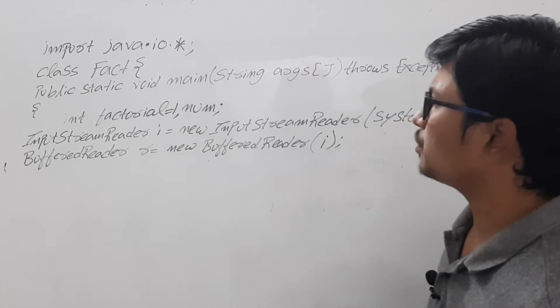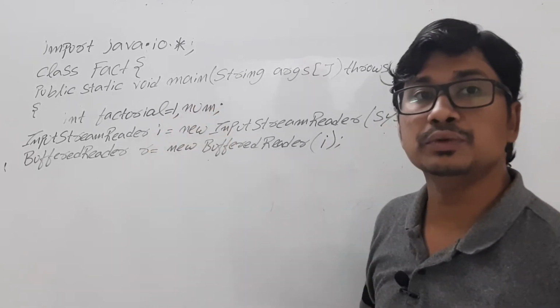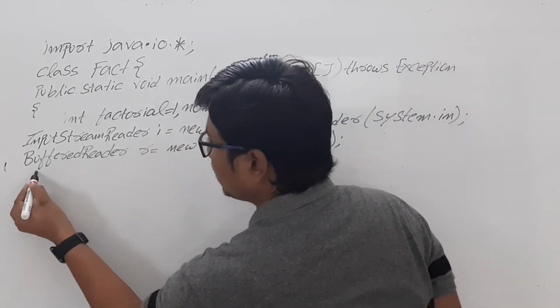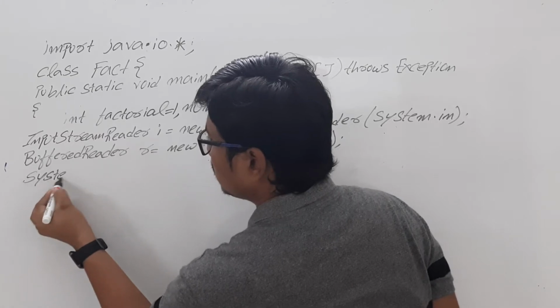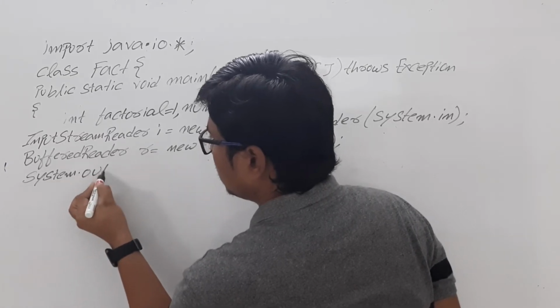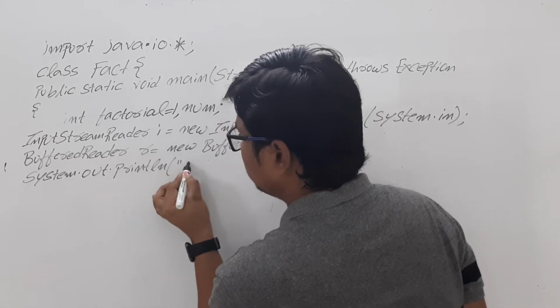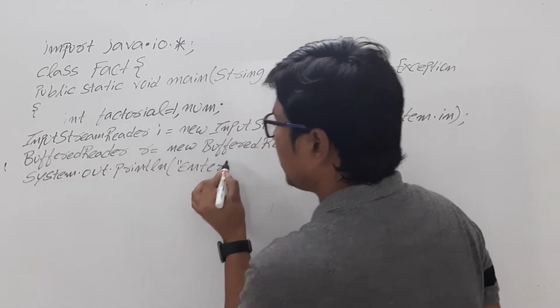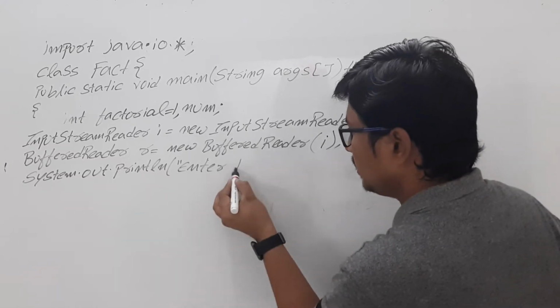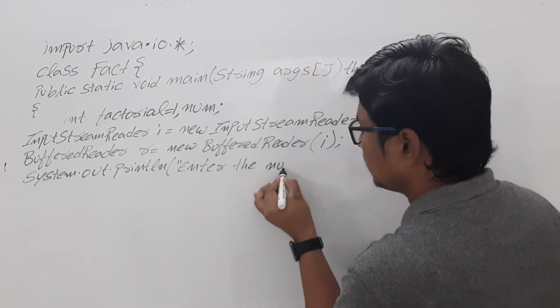Now what you have to do, you want to ask the user to enter the number. So I will write here System.out.println("Enter the number for which you want to compute the factorial"). So let me write here enter the number.